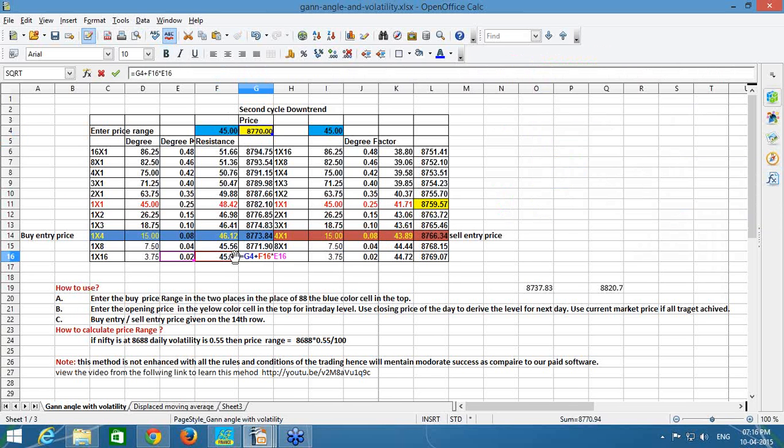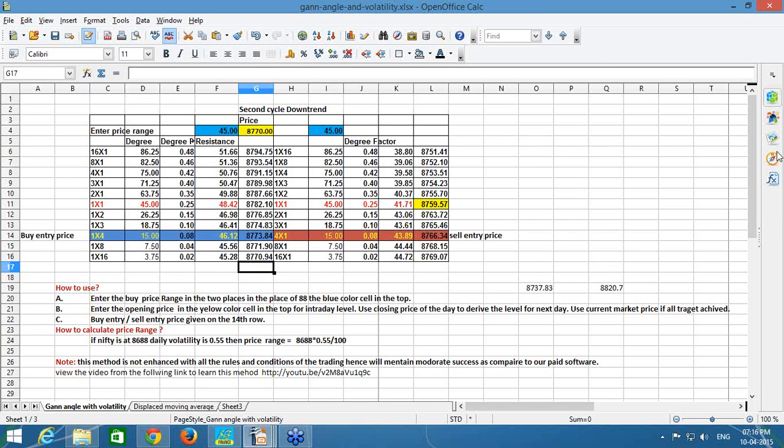I am adding 0.02 proportion, because 100% is 45 rupees and 28 paisa. So from there I am just taking 0.02 proportion of that and adding it with this particular level. So I am getting that particular resistance.